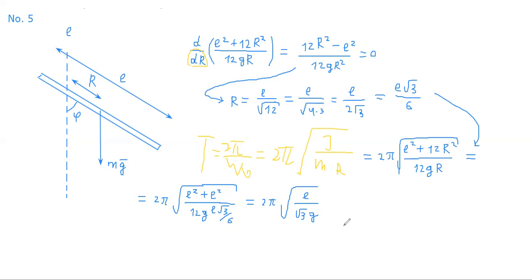It can be written as 2 pi square root of L divided by 3 g.